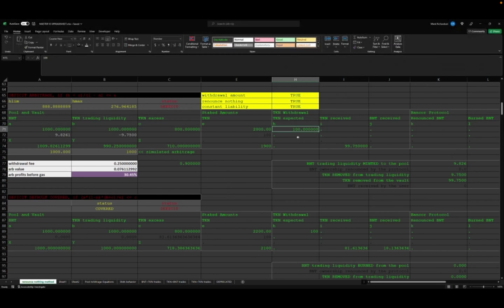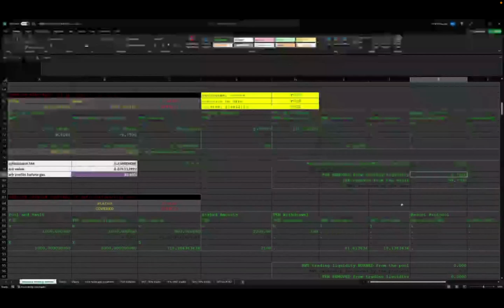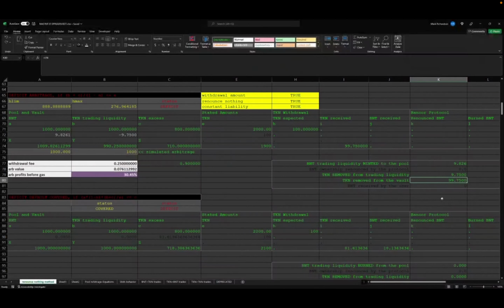And I can prove that to you right now by letting the withdrawal amount be H max. And you'll see that the arbitrage value should hit exactly 100%, which is the maximum threshold. So in this case, as long as this is less than H max, then we can allow this process to occur. We mint just slightly less than 10 BNT to the pool. We remove a small amount of TKN from the trading liquidity, and we remove a total of 99.75 from the vault.